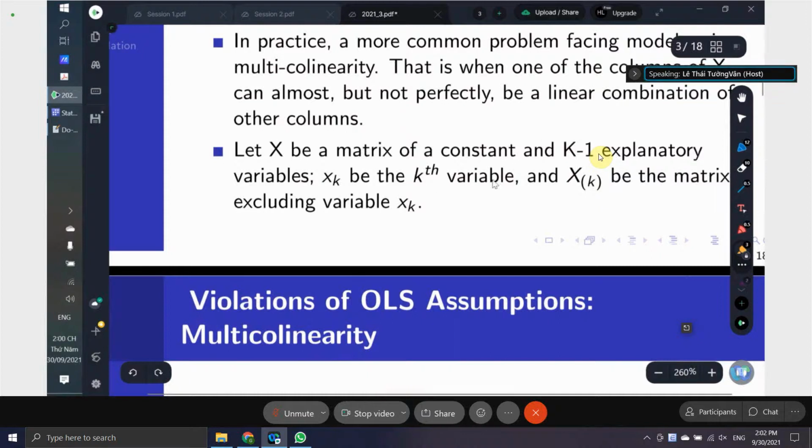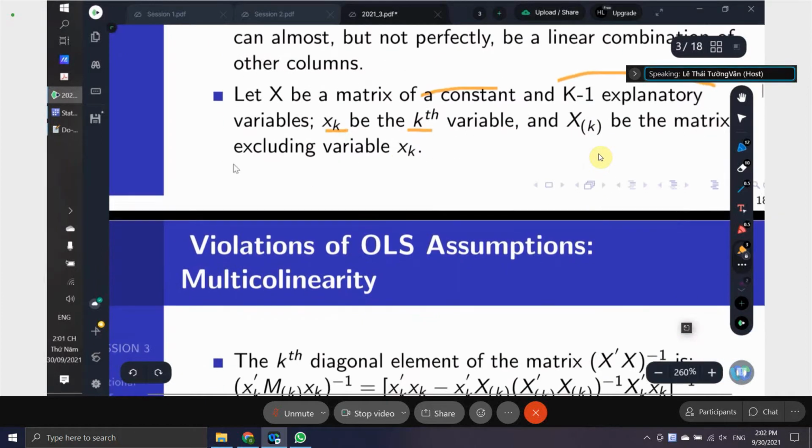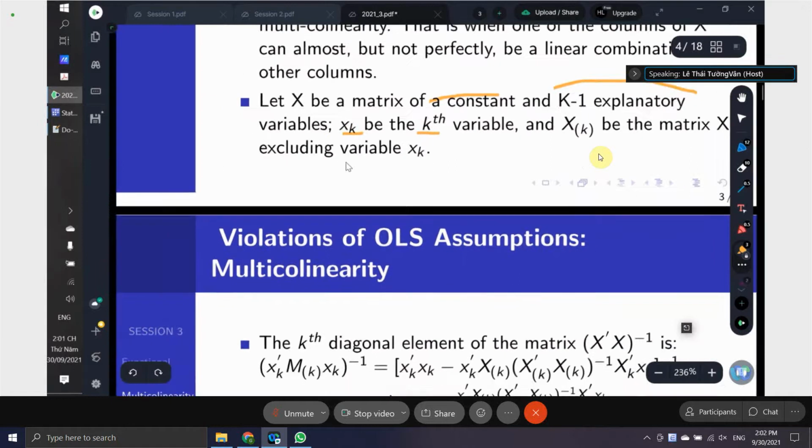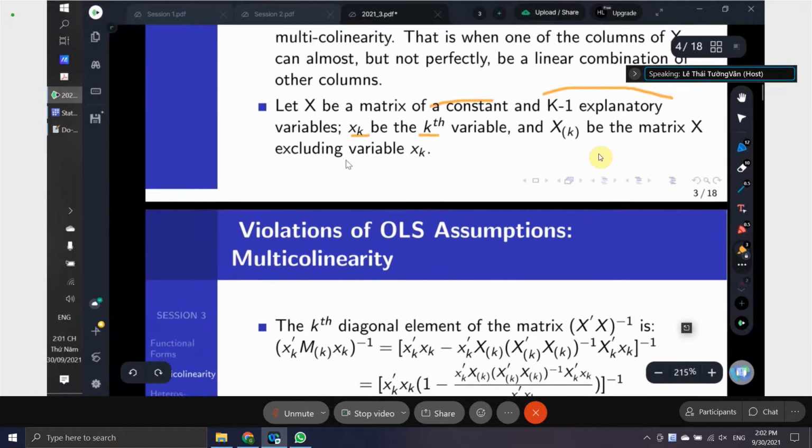Let X be a matrix of a constant and K minus 1 explanatory variables. Let Xk be the kth variable, and let X with the subscript K be the matrix X excluding the Xk variable. Is that okay with you?